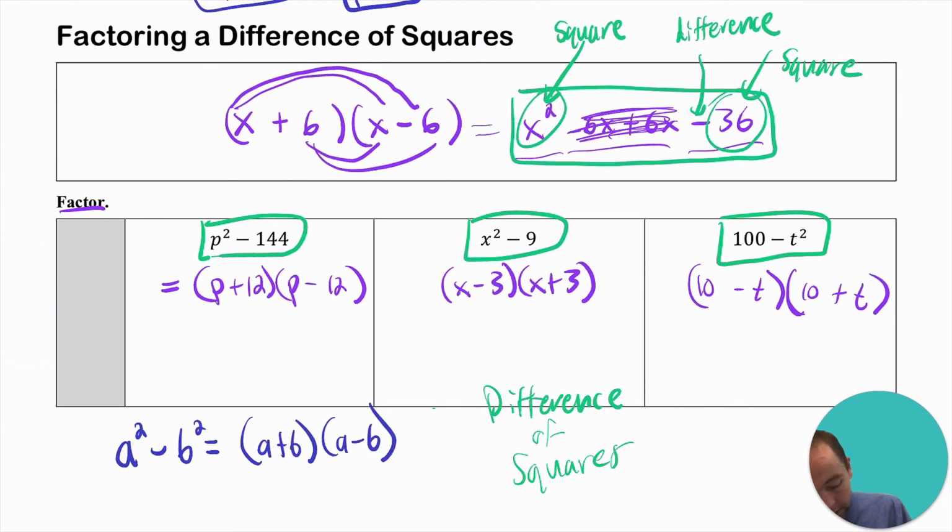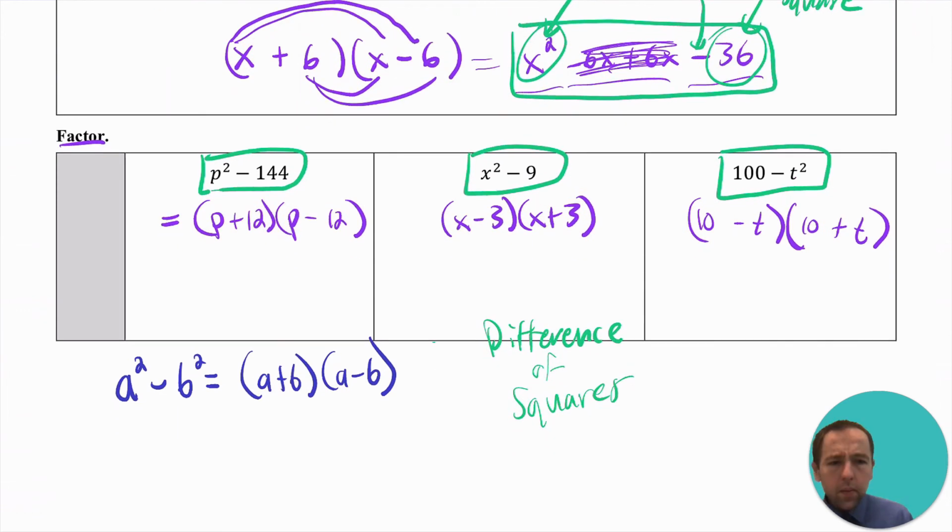Take a moment to think about what I just wrote in the blue there, right? If you have a squared minus b squared, it is a plus b times a minus b. What do I mean by that?